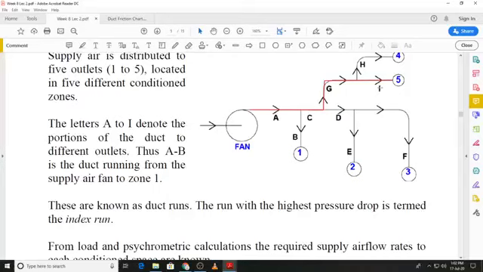So we will have to calculate the pressure drop separately for all the runs.